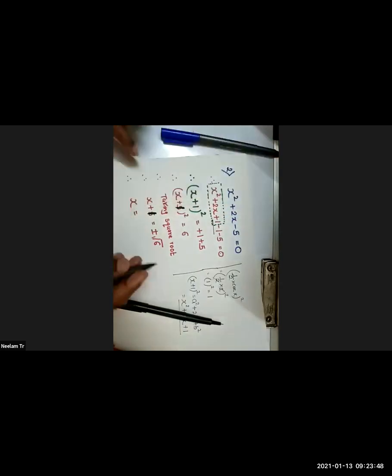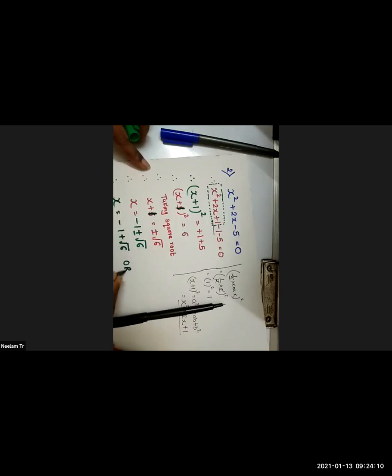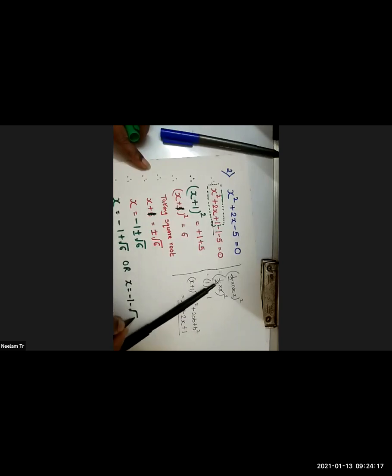When it will go to the right hand side, it will become minus 1 plus or minus root 6. Therefore, x ka two values are minus 1 plus root 6. This is your one root of quadratic equation, and the next will be minus 1 minus root 6.